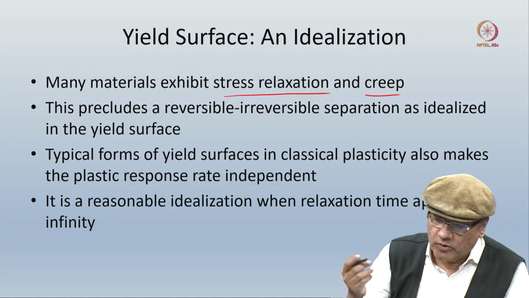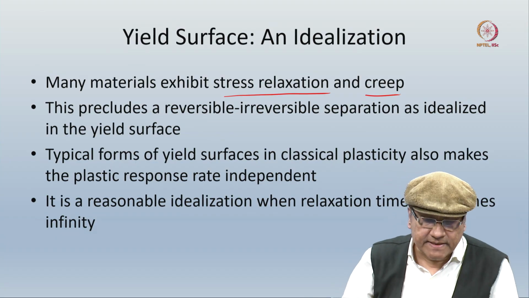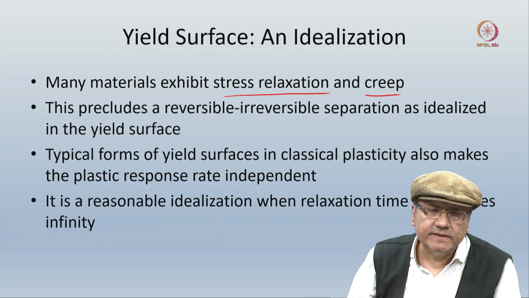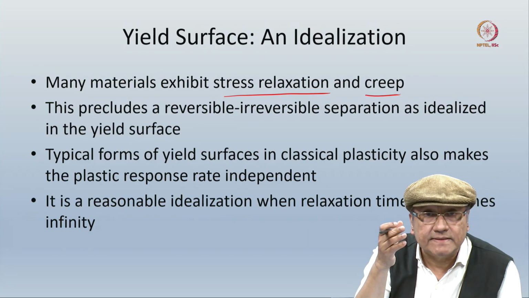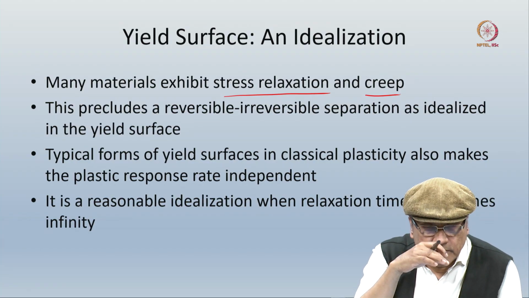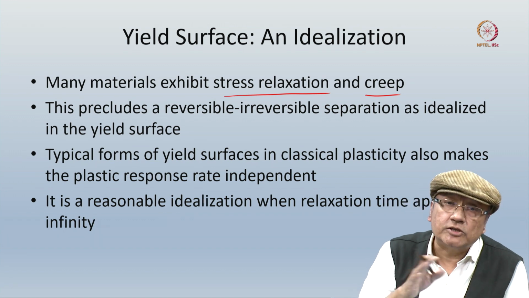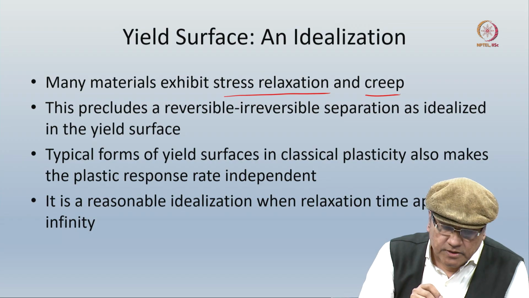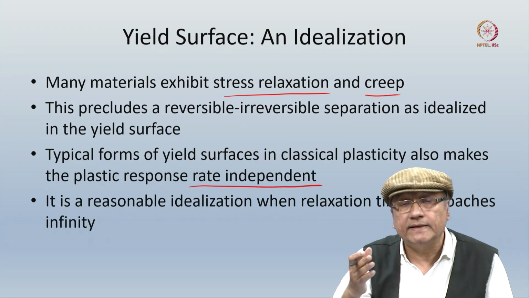The typical forms of these yield surfaces in classical plasticity are not consistent with that, and this class of models in plasticity, which creates this strict separation, often also has an additional feature, which is the notion of rate independence. I will describe rate independence mathematically later on.